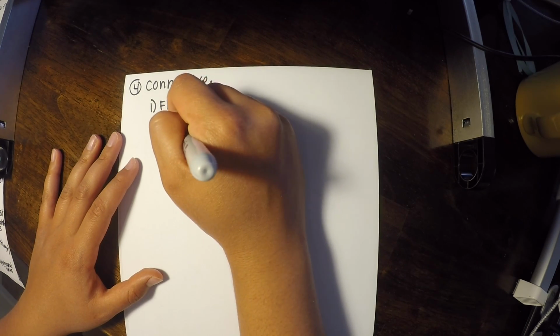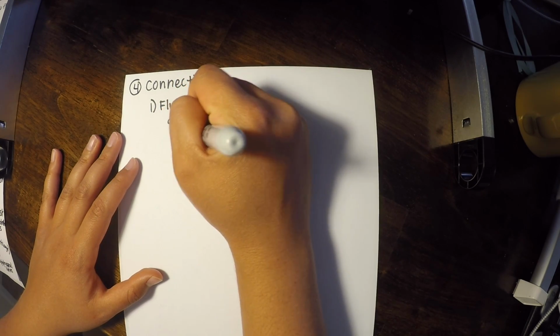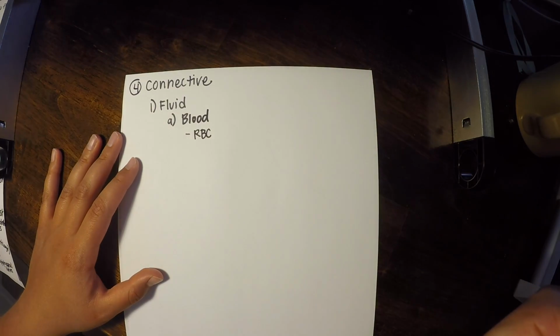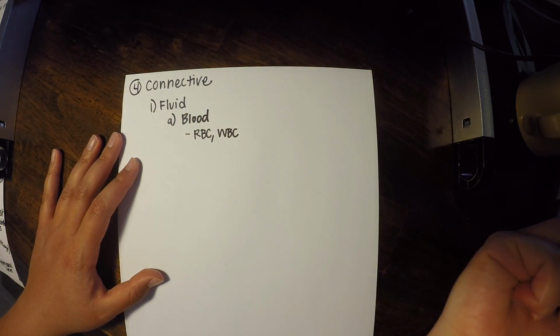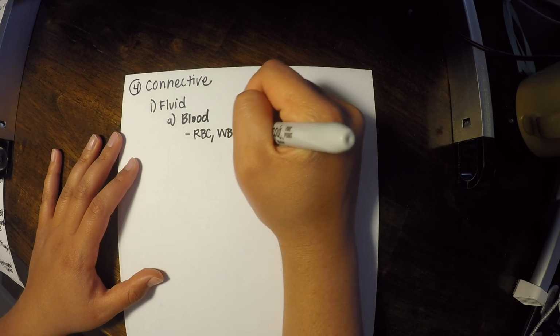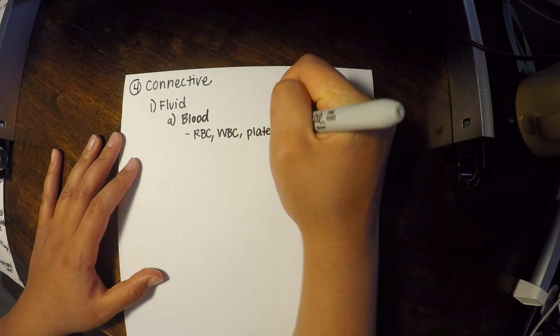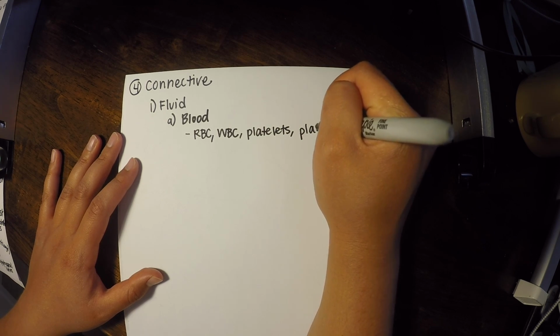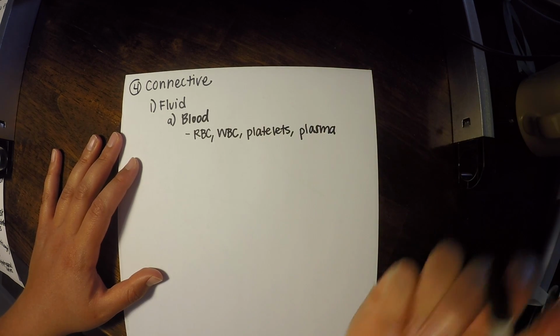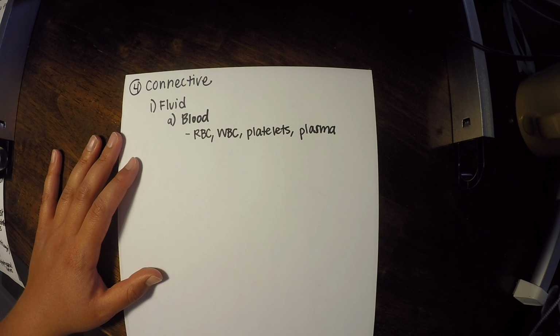So I'm going to abbreviate that. So I'm going to say RBC, right, red blood cells. WBC, which is white blood cells. Platelets and plasma, which are just the contents of blood.